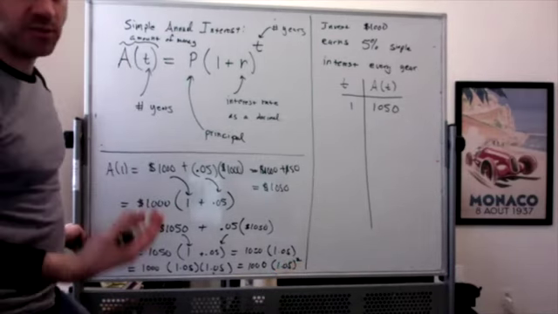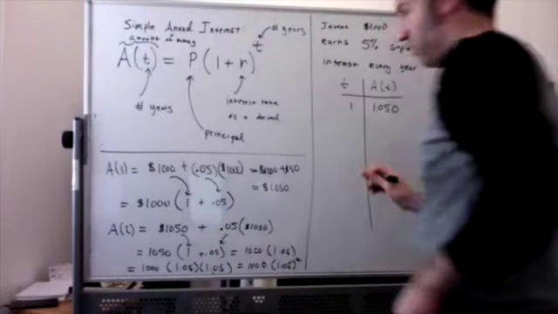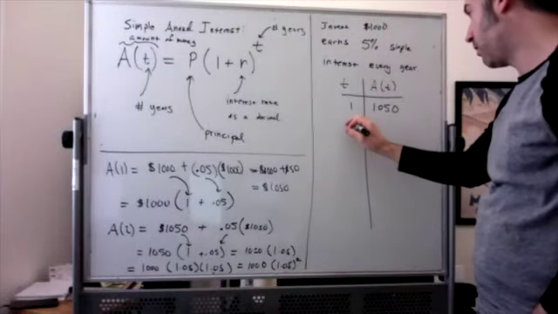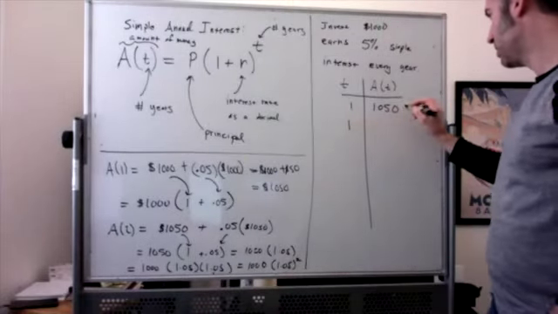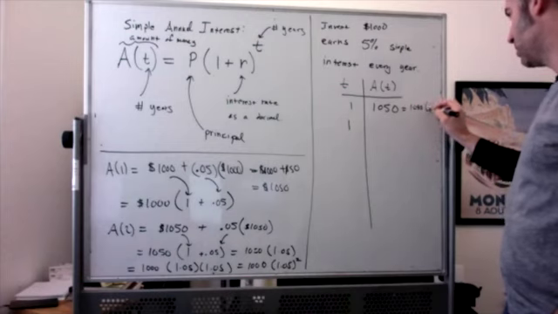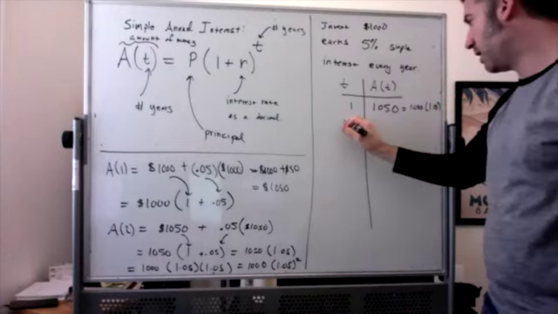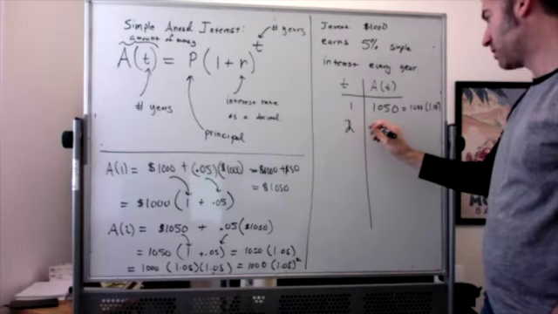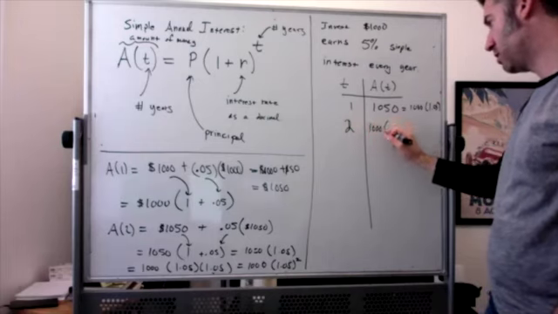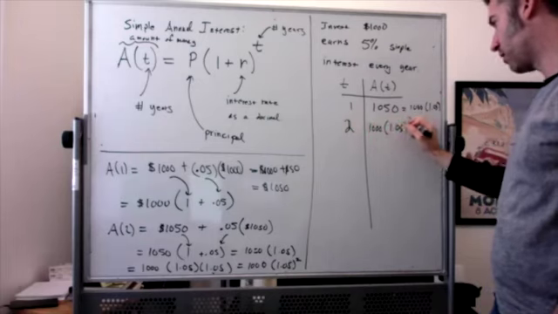And you could keep doing this if you wanted to. I don't really want to, but I want to point out that when T is 2, the amount's going to be $1,000 times 1.05 squared.